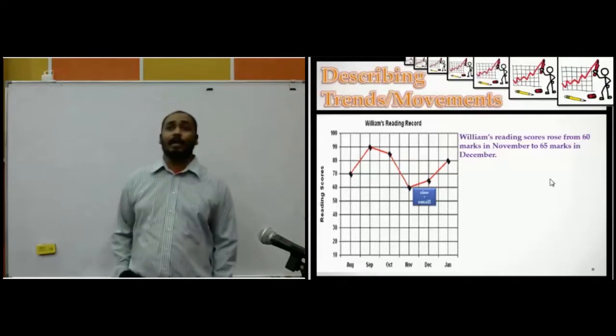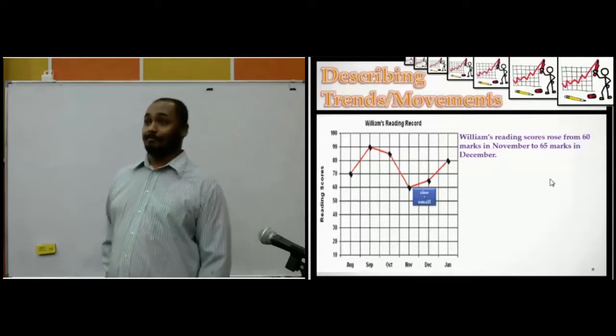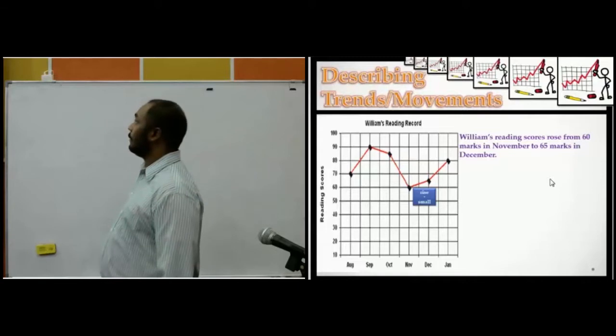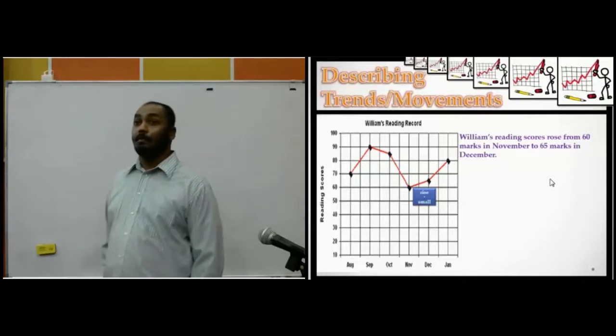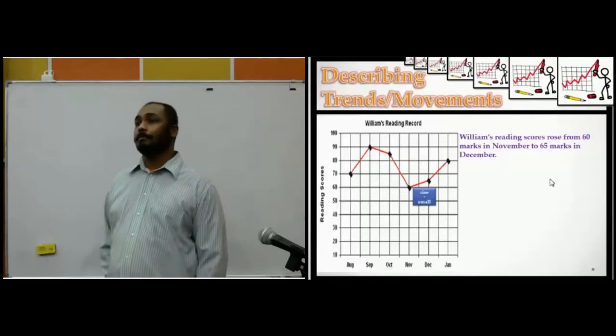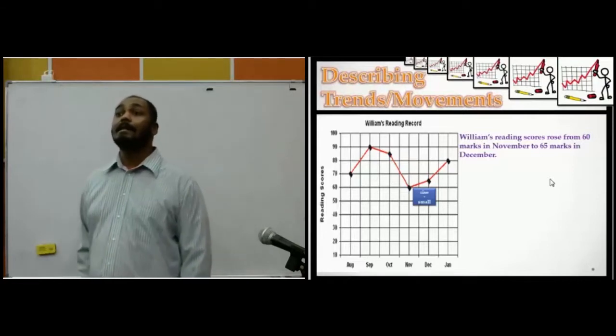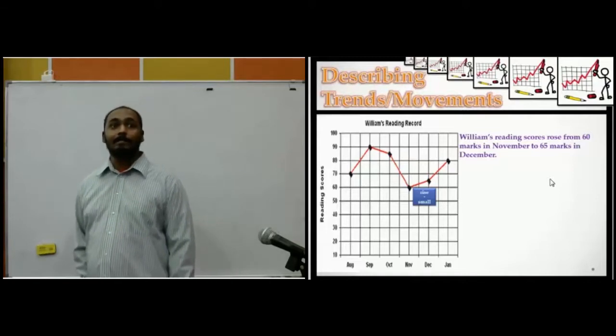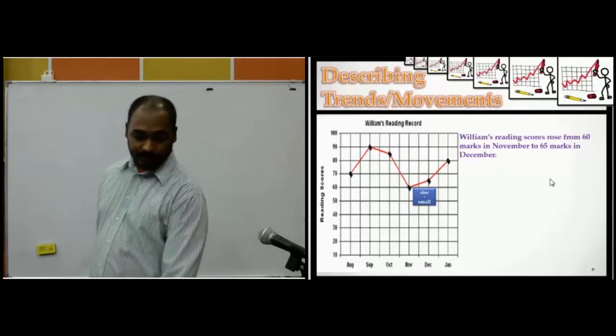Instead of small, what can you say? Slightly. Of course you cannot say Williams' reading scores rose smallly. We cannot say smallly, am I right? So you can substitute small with another word, maybe slightly or minimally. All right.